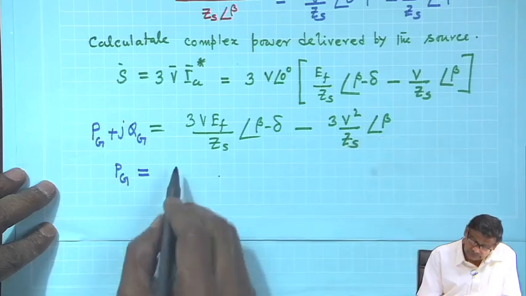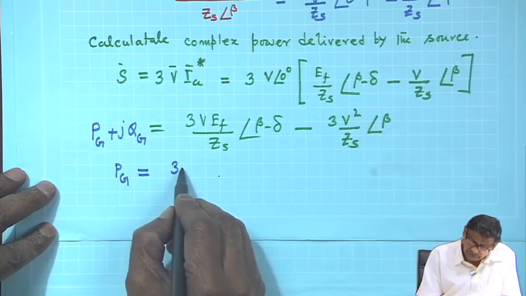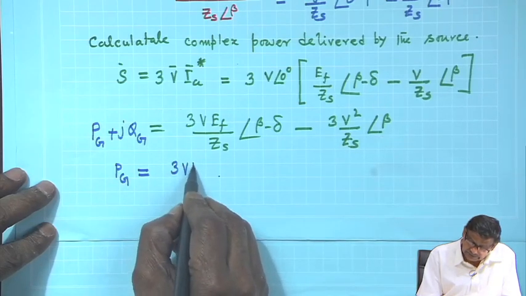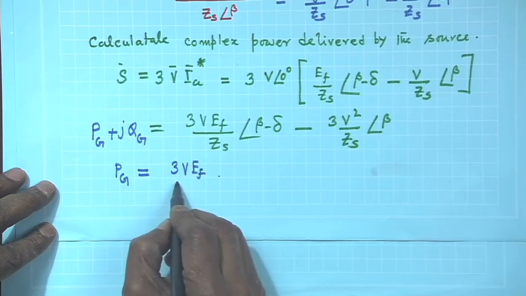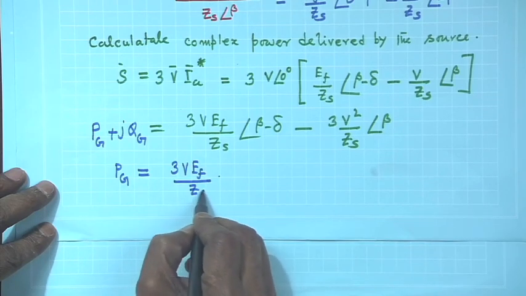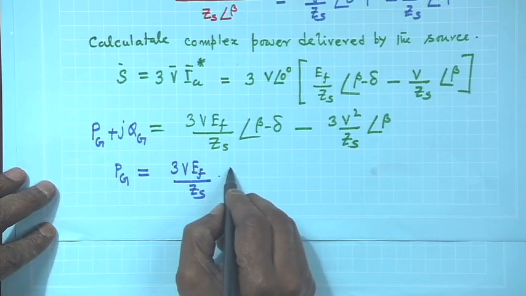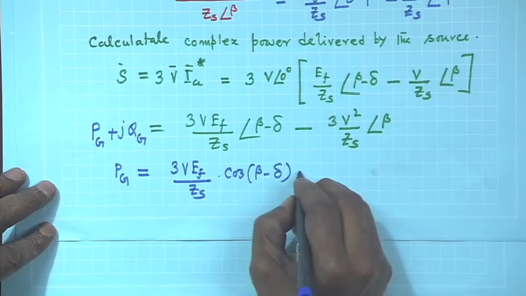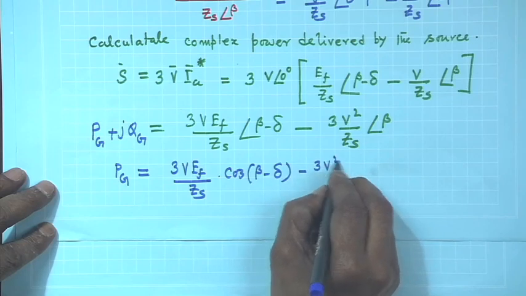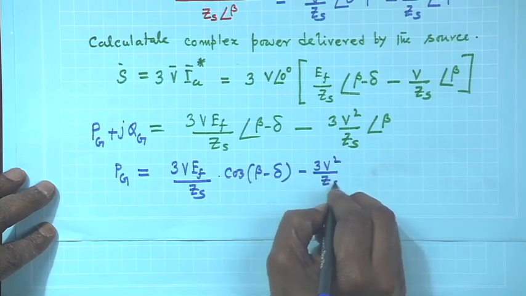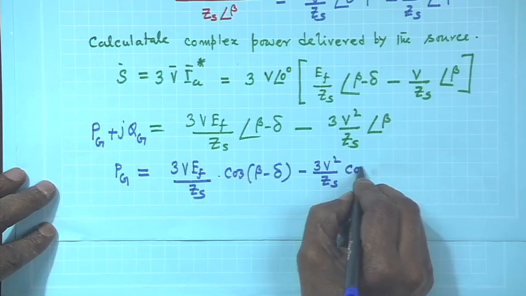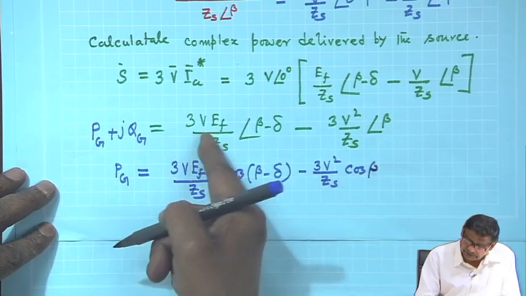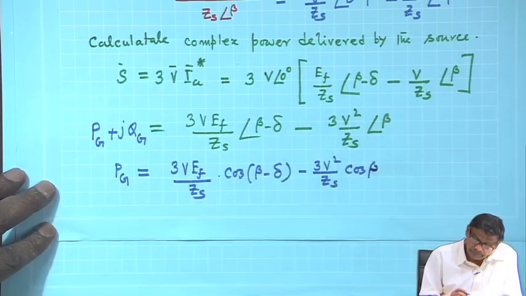So, you find out that 3 EF V by ZS, real part of this is cosine beta minus delta, very simple. Similarly, minus 3 V square by ZS, this is also cosine beta. So, real part of this and real part of this.